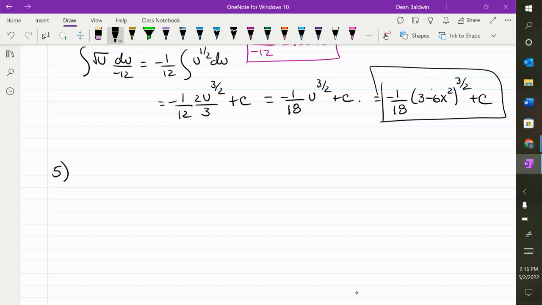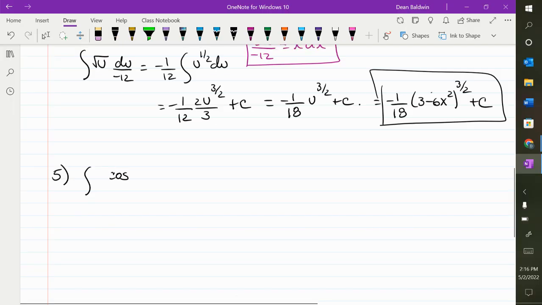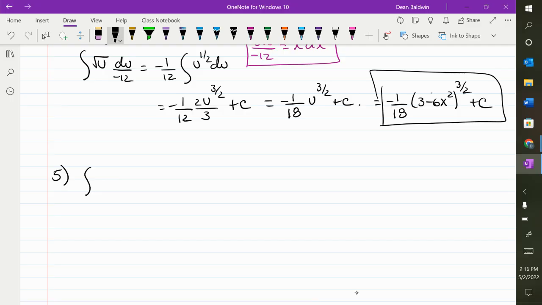Okay, let's do the integral of 5 cos, let's not do 5. Let's do just cos of 5x dx. Okay. Now, I know some people are going to want to say sine 5x.